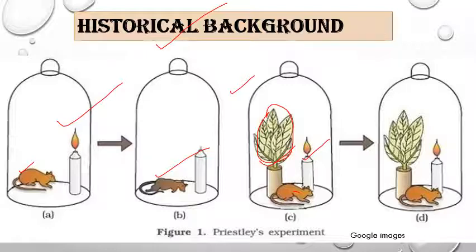So he concluded that the burning candle produces foul air, termed phlogiston, and that green plants have the capability to purify that foul air and convert it back into fresh air, which is known as dephlogiston. Later on, the term oxygen was used by Lavoisier. So this was all about this famous experiment of Joseph Priestley, known as the bell jar experiment.